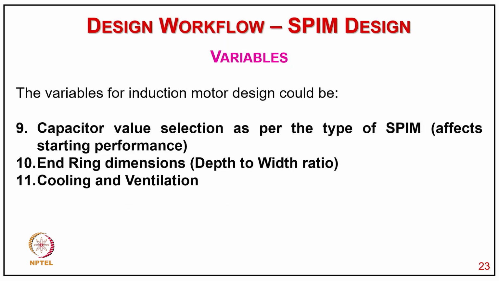Then the capacitor value selection as per the type of single phase induction motor, as it affects the starting performance, then end ring dimensions, depth to width ratio, and cooling and ventilation. So these are some of the variables which can be considered.